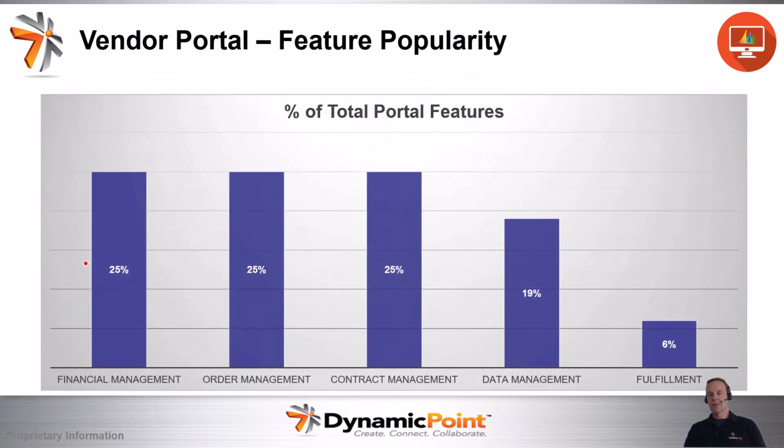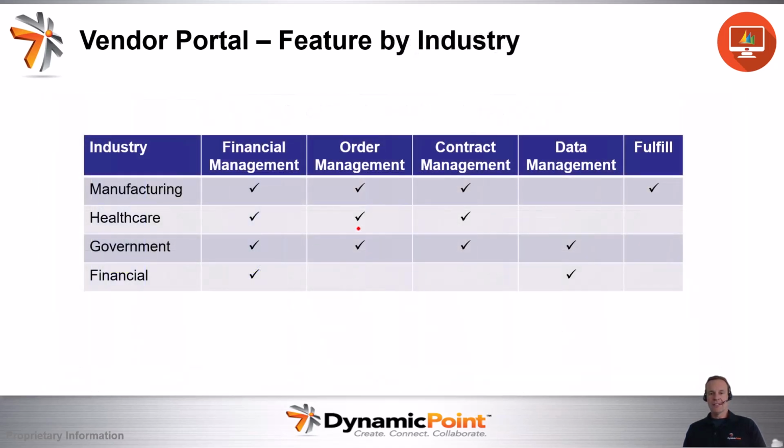If we look at the popularity of those, you see this is more distributed. You see more of an even split between financial management, order management, and contract management, followed by data, and last but not least, in both cases, fulfillment details. If we break this up by industry, again you see a more even distribution between manufacturing, healthcare organizations, government, as well as financial services.